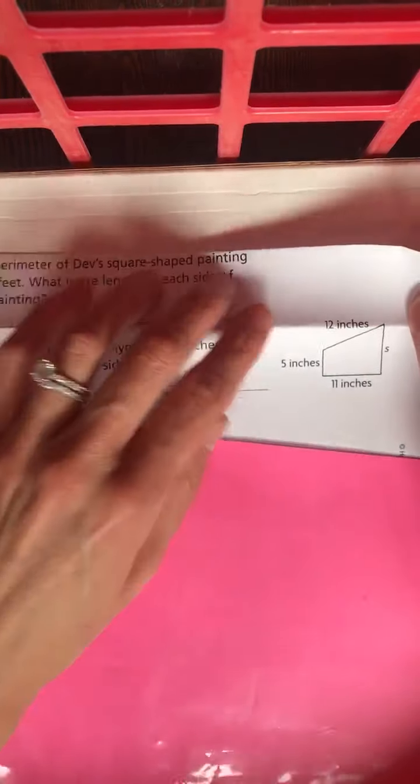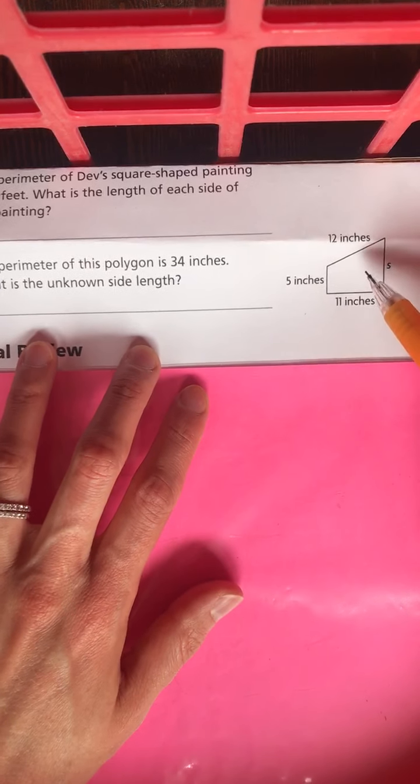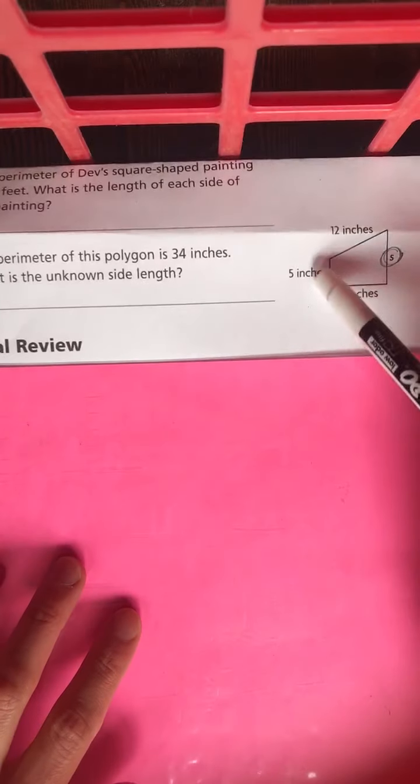This is a little cut off here. Okay, so the perimeter of the polygon is 34 inches, and we're trying to find the unknown side length here. So remember, to find perimeter, you need to add up all the sides to find the distance around the shape. So I'd like you to pause your video and add up the 3 sides that you know.